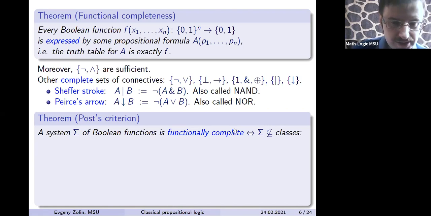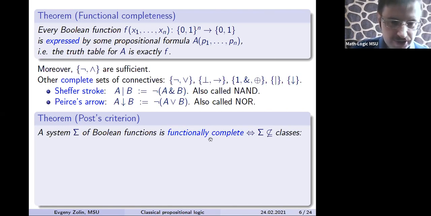Functionally complete means that we can express all Boolean functions from this set, like we did here. And perhaps you remember this classical result from the course of discrete mathematics.